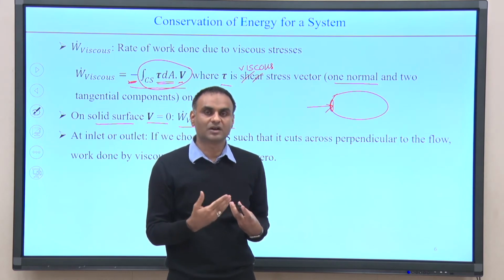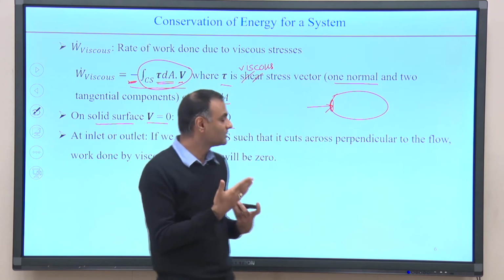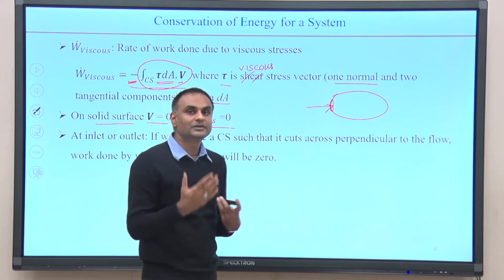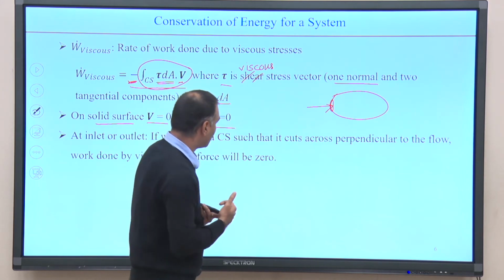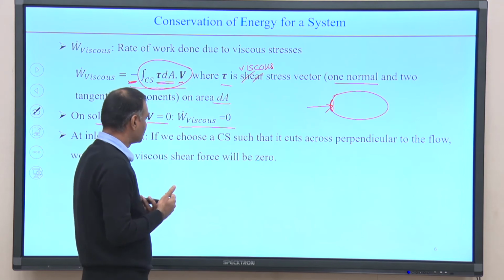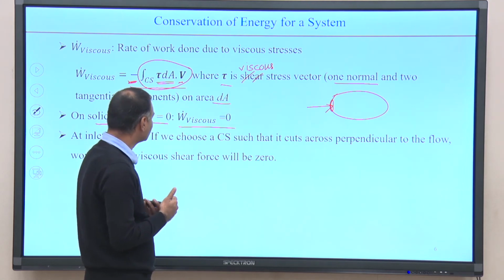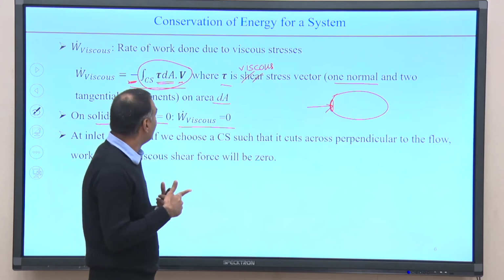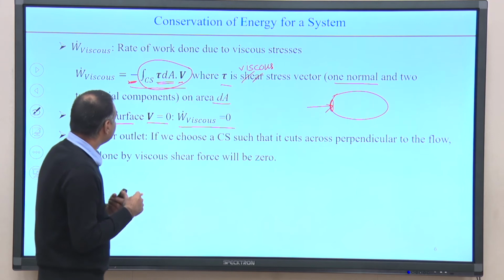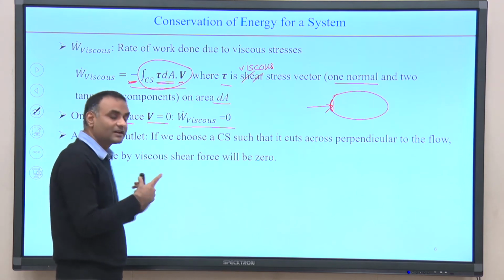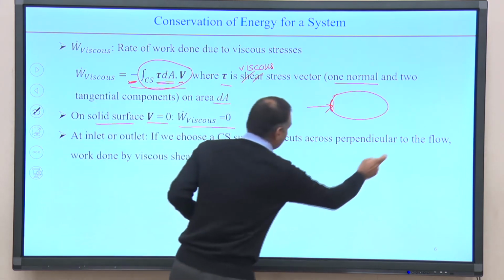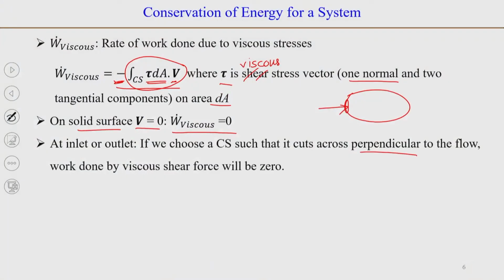So, if we choose our control volume in such a manner that the control surface, that is the boundary of the control volume, is normal to the inlet and outlet ports, then the normal vector to the area will be perpendicular to the velocity, and the dot product will result in 0 viscous shear work.